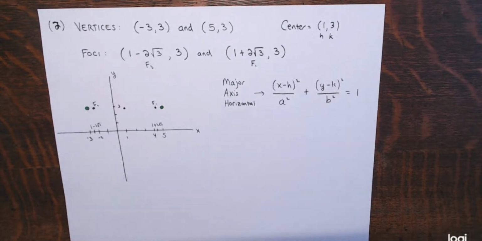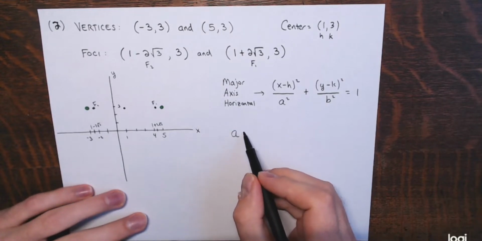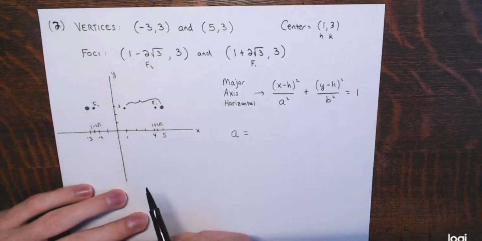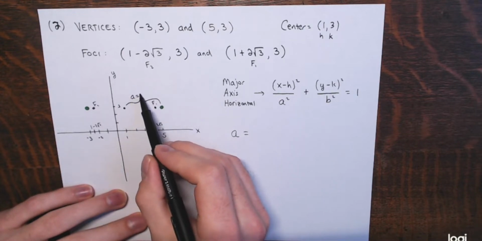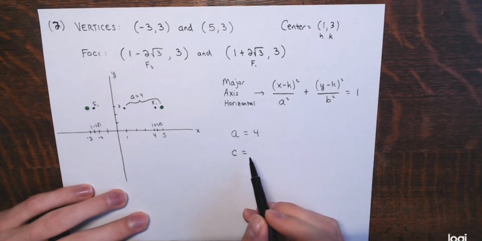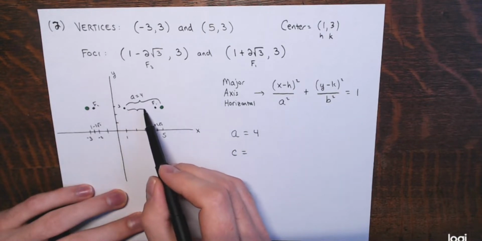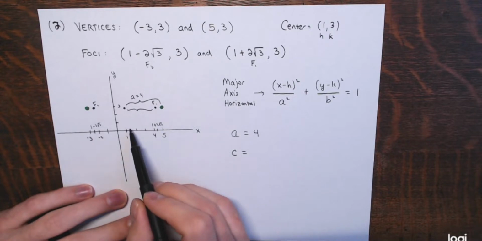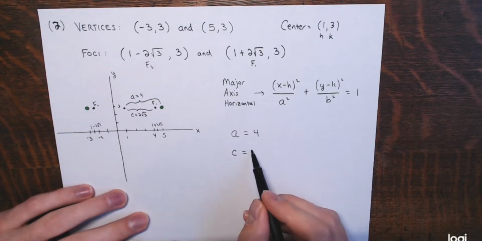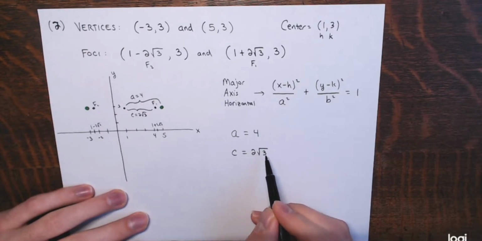And then just like in the first example, I have the center, I have the vertices, I have the foci, so I know a and c. The value of a is the distance from the center to a vertex, which would be 4 units. And the value of c is the distance from the center to a focus, which is going to be 2 times the square root of 3, or the square root of 12, if you want to think of it that way.